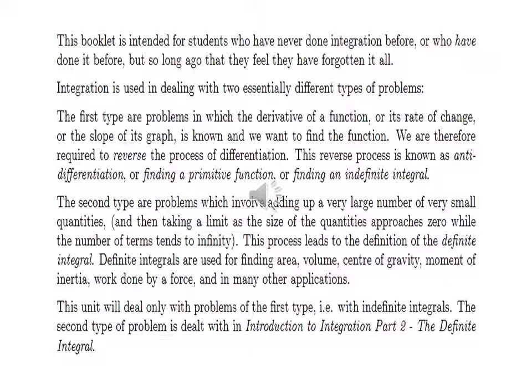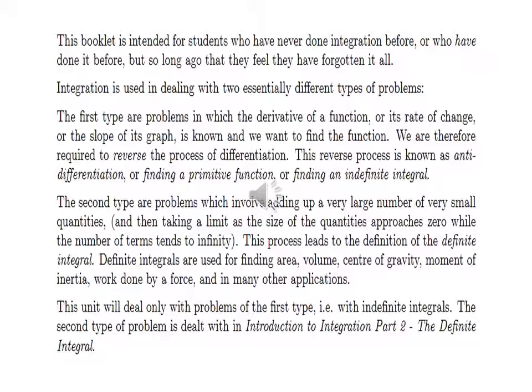And the second type are problems which involve adding up a very large number of very small quantities and then taking a limit as the size of the quantities approaches zero while the number of terms tends to infinity. This process leads to the definition of the definite integral.